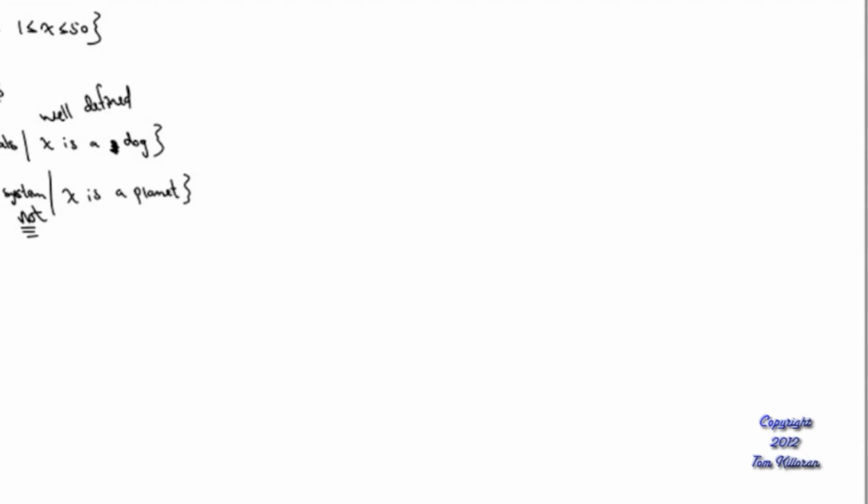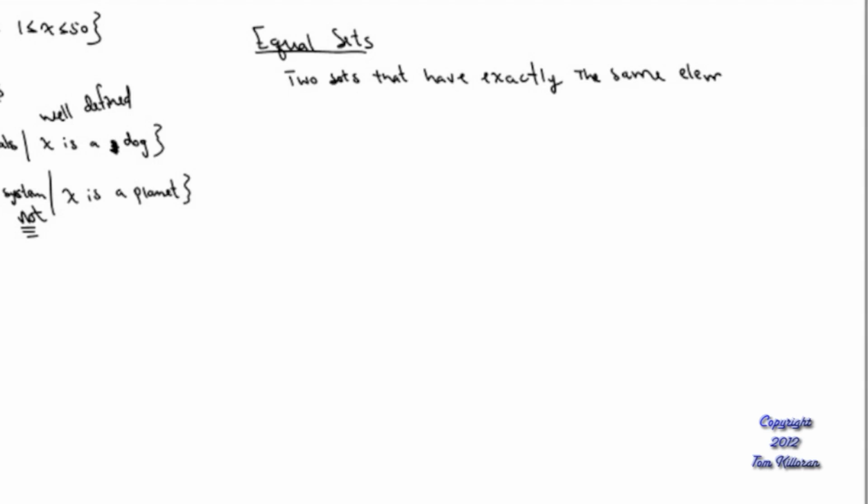Equal sets. I don't know why this confuses people, but it does. There's a better way to define this later on, but for our purposes, equal sets have exactly the same elements.